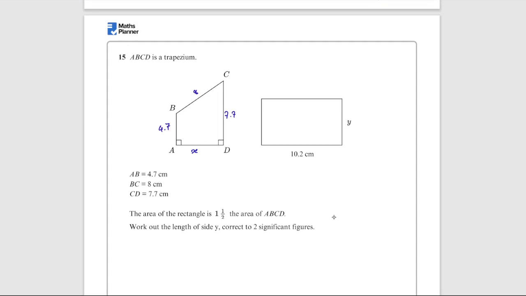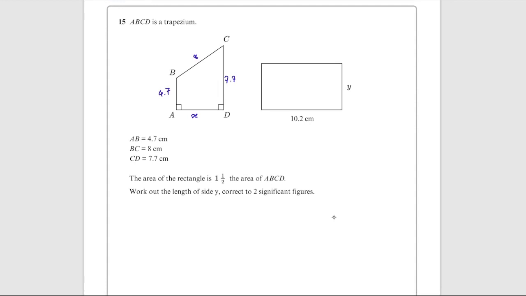Right, so to work that out, I'm going to have to use Pythagoras to work this missing length out. So in effect, I'm going to say that x is going to be equal to the square root of 8 squared minus 7.7 minus 4.7, squared as well. That'll give me the length there.